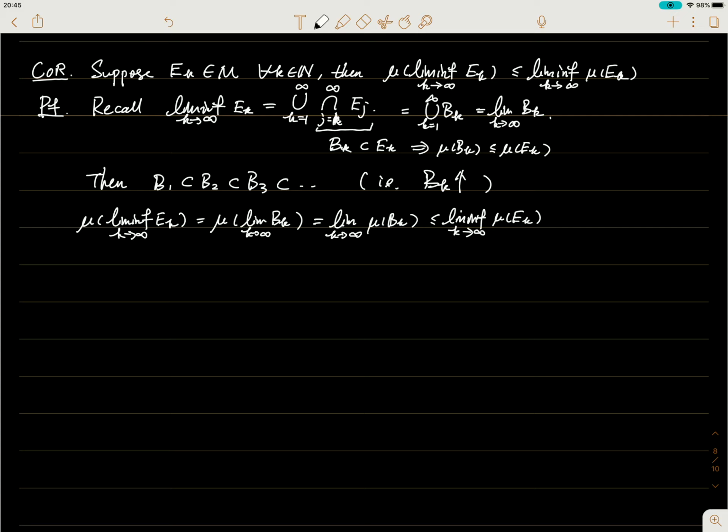So the measure of E_k itself may not be convergent, but it must have a lower limit, and that lower limit must be bigger than or equal to the lower limit of the measure of B_k. But since the measure of B_k has a limit, the lower limit is just the limit itself. That's why we have this, and that finishes the proof.